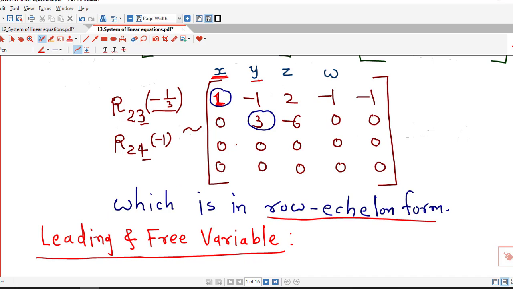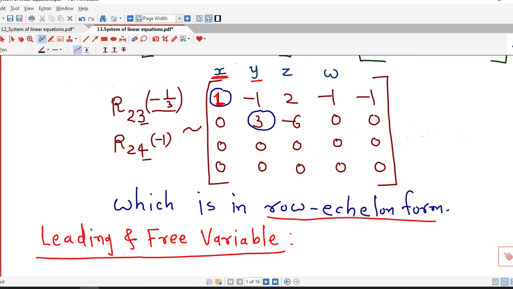So we understand in this way the variables corresponding to first non-zero entries in row echelon form of an augmented matrix are known as leading variables. So here 1 corresponds to x, 3 corresponds to y. Therefore x and y are leading variables, and remaining variables are known as free variables.